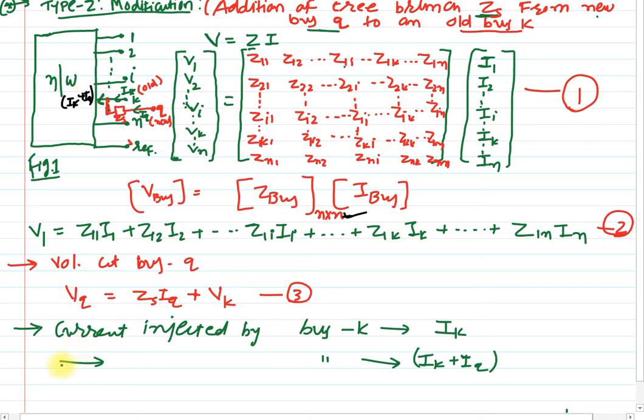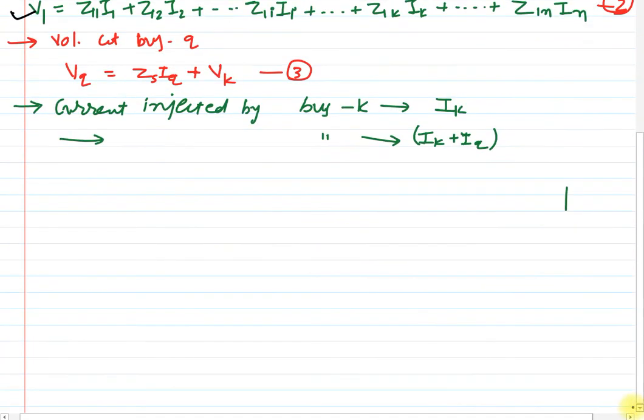So just write down the change in the voltage at bus number 1 if we will consider the change in current at bus number K after addition of this new bus Q. So I will rewrite the equation number 2 again.